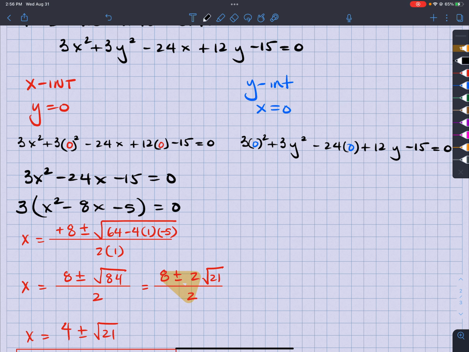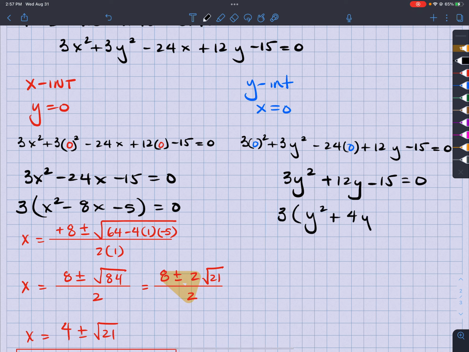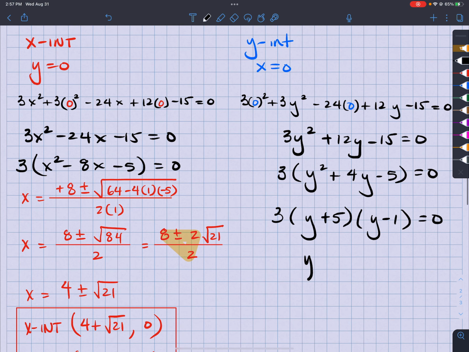So what do I have here? I'm going to have 3y squared plus 12y minus 15 is equal to 0. GCF of 3, y squared plus 4y minus 5 is equal to 0. This is factorable, so I got y plus 5 and y minus 1 is equal to 0. So I got y is equal to negative 5 and y is equal to 1.